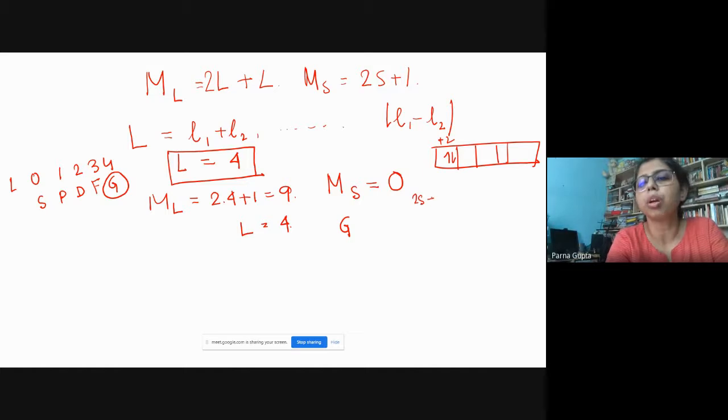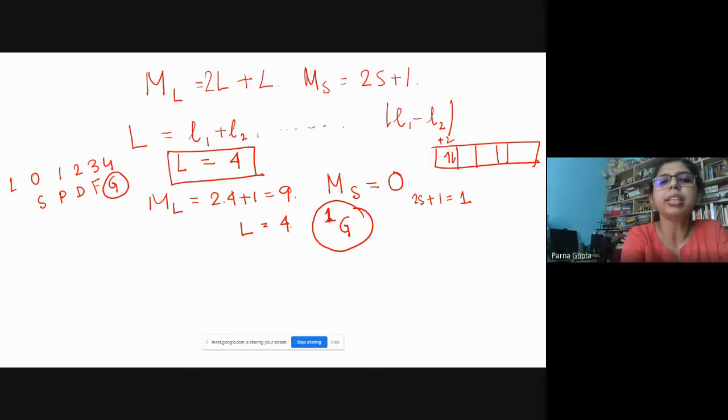So 2S plus 1 is equal to 1. So this is the 1G term. The 1G term has L equal to 4, and as L is equal to 4, you have these different terms.